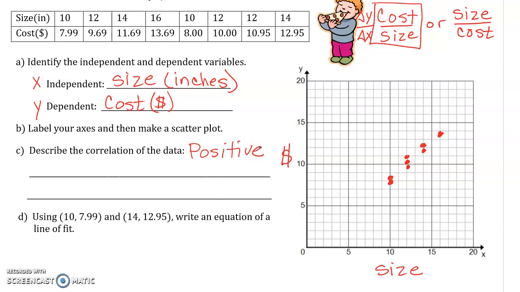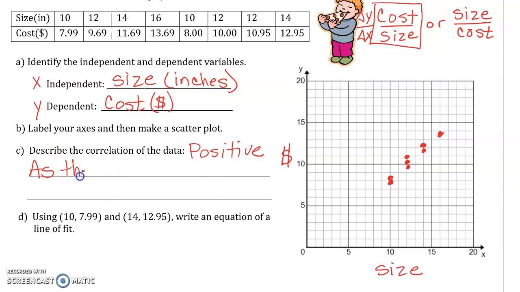And to describe that correlation, how would you describe it in a sentence? What's changing and how? So think for a minute how you would compare your two units, your x and your y.